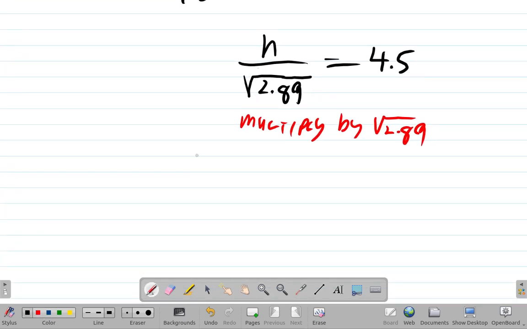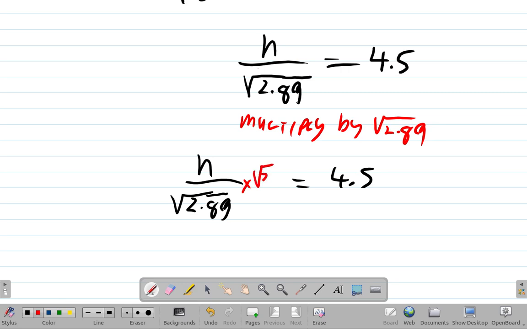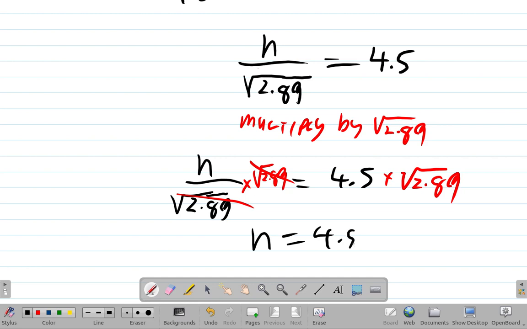So you have H over the square root of 2.89 equals 4.5. You multiply by the square root of 2.89, and the square root of 2.89 will cancel the square root of 2.89. So what you have here is that H equals 4.5 times the square root of 2.89.